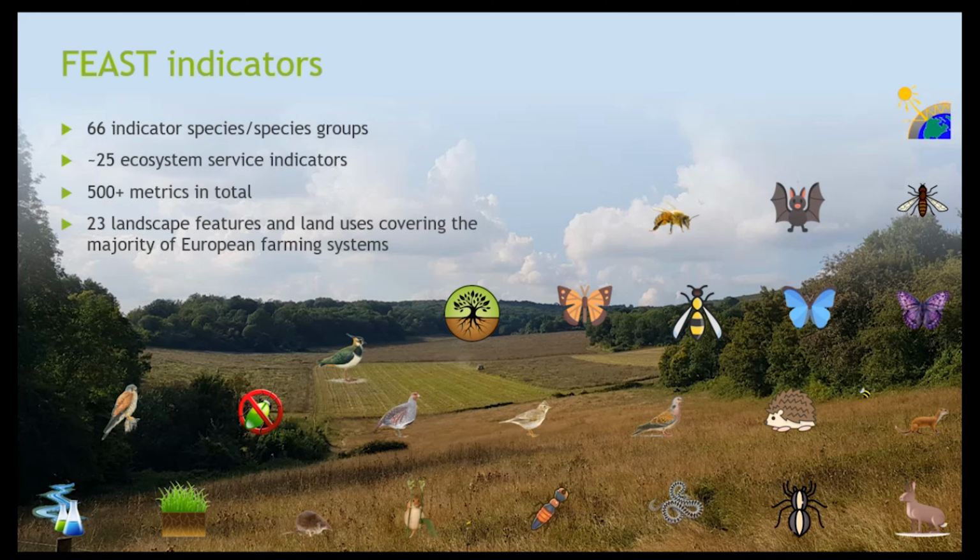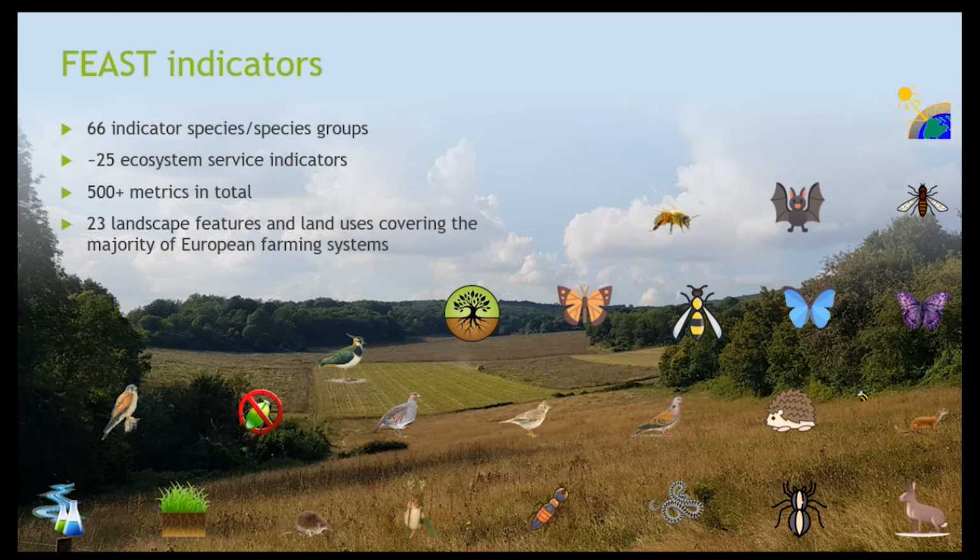So we now have about 66 indicator species and species groups within the tool, covering a whole range of taxa, as you can see with some of the icons on the screen. We also have 25 ecosystem service indicators. Overall, there are well over 500 metrics. Once you start breaking down particular species and their requirements, into the individual metrics, you get quite a few things being calculated.